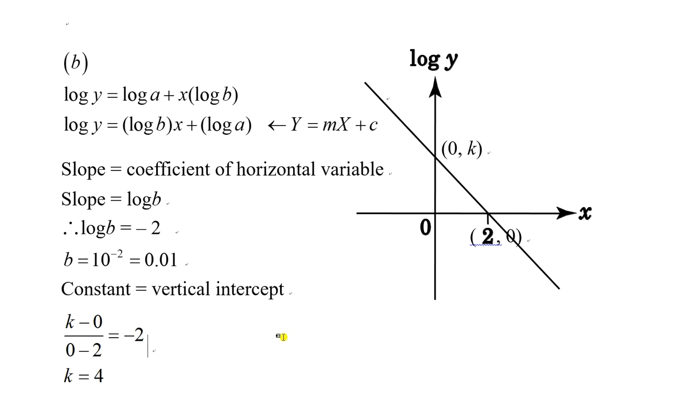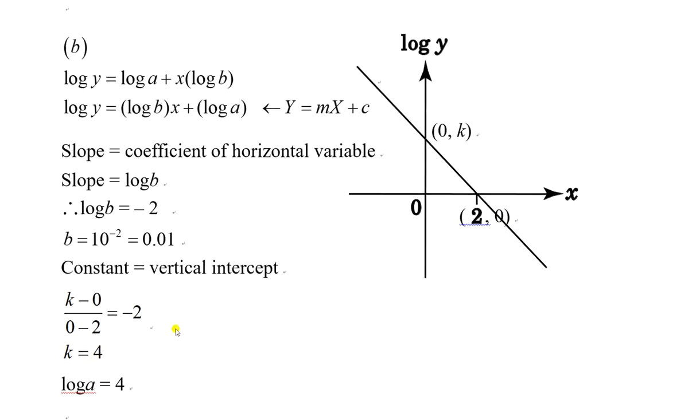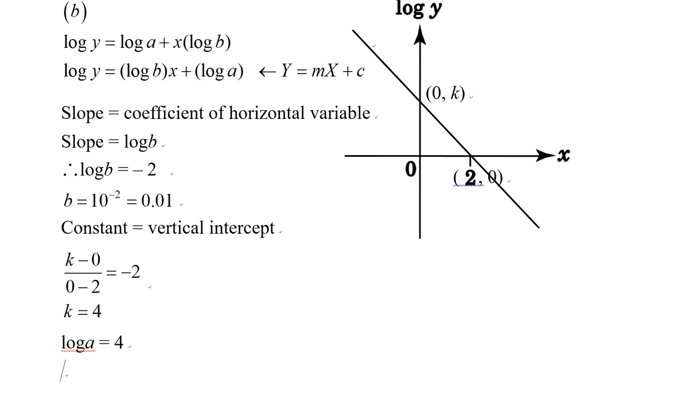As you can see that k equals 4, k would be the vertical intercept. And therefore, you can see that the vertical intercept is log a. Log a would be 4. So we can set up the equation from logarithm form to exponential form. a equals 10 to the power 4 equals 10,000.